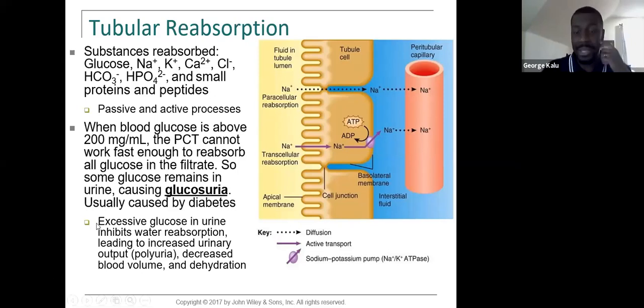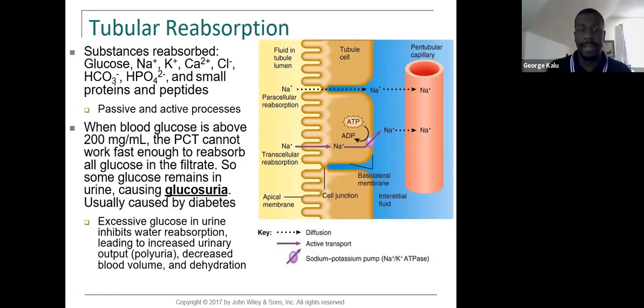And so one of the conditions that can take place is that because you have excess glucose in the urine, that causes an inhibition of water reabsorption. And because you have lessened water reabsorption, you're just producing more and more urine. And so you end up with what's called polyuria, or excessive urine production.